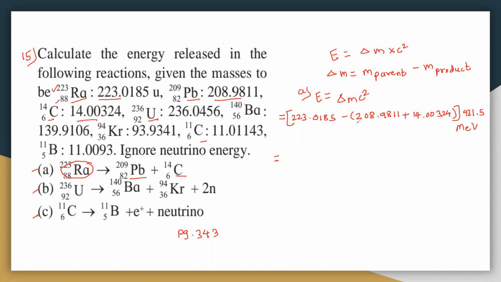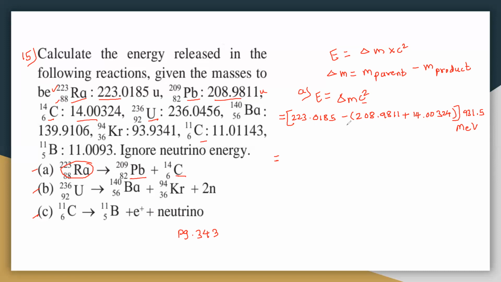So first you can add. So first we'll solve this bracketed term. Then all these things are in terms of U. So you can convert it into mega electron volt by multiplying it with 931.5. So C square will get cancelled out as we have done numericals before also.